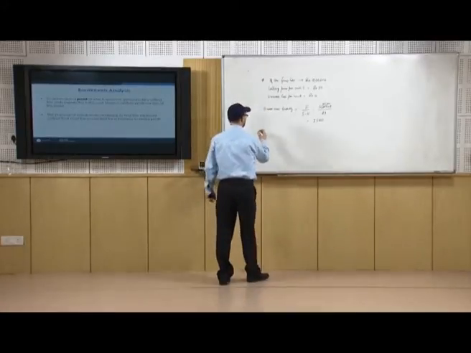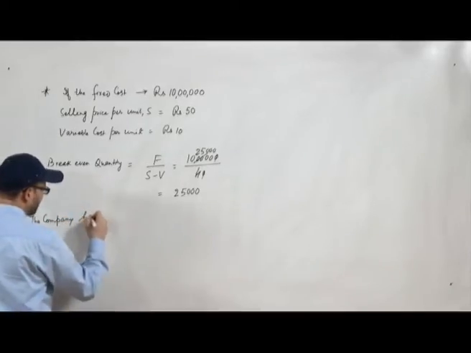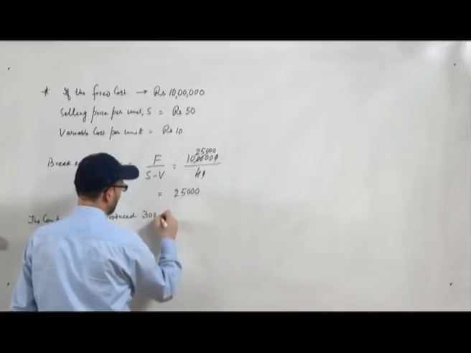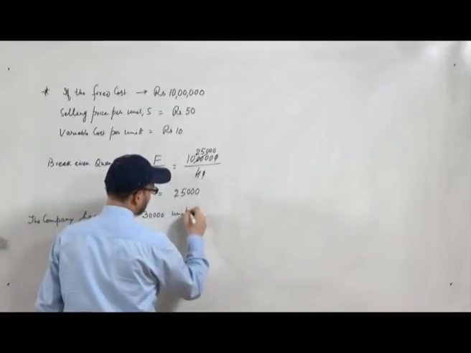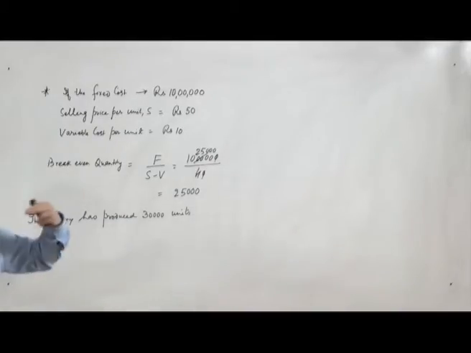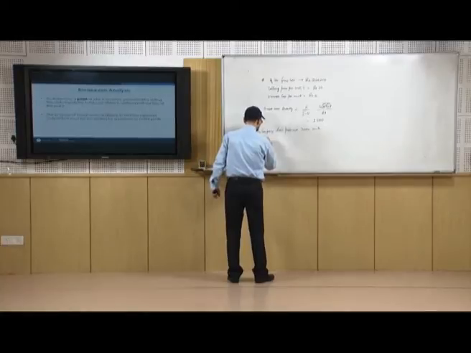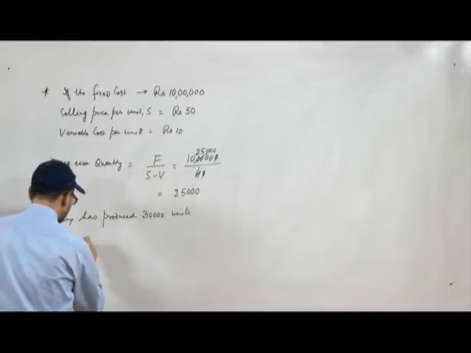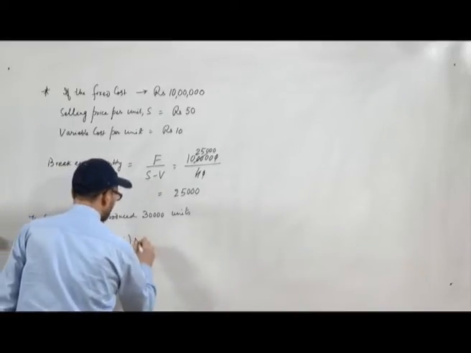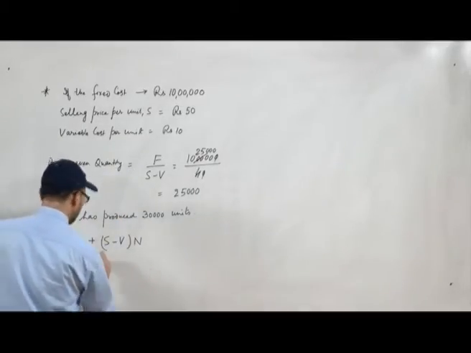Now, let us say the company has produced 30,000 units. In that case, what will be the profit of the company? So, we can recall the profit volume function. P is given as minus F plus S minus V into N. Now, in this case N is 30,000.